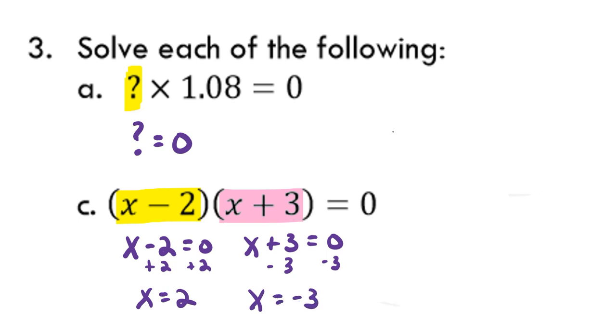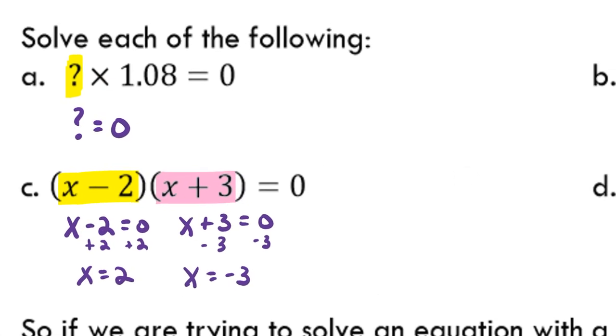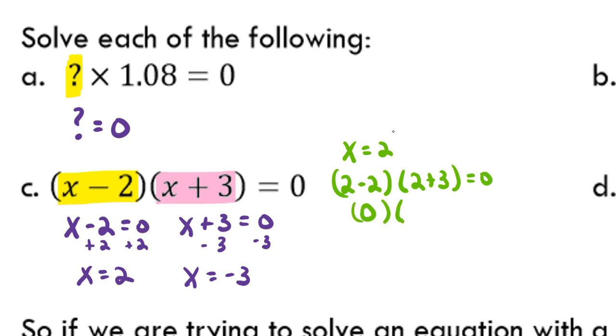So let's go ahead and see how that makes it true. If x is equal to 2, then I'm going to get 2 minus 2 in the first parentheses, and the second parentheses is going to be 2 plus 3. Well, I'm going to get 0 times 5, which does equal 0. So that one would work. What if instead we had x is equal to negative 3?